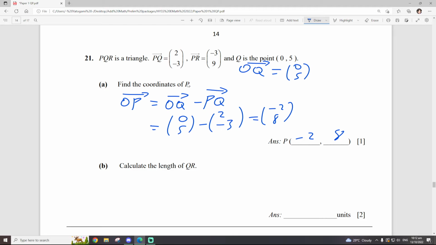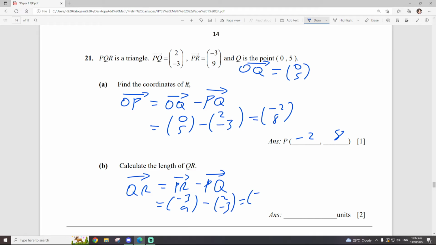Oh yes, QR can be written as PR minus PQ, right? So that will be minus 3, 9 minus 2, negative 3, which is negative 5 and 12.